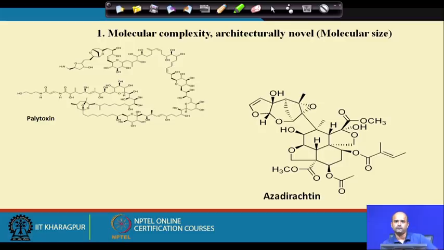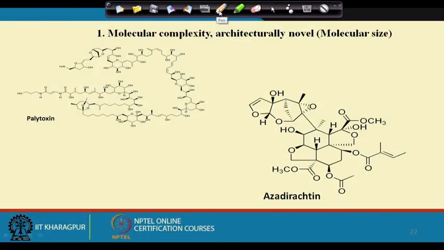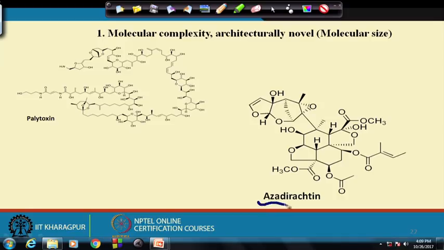So, the first point, once the target is given to you, you see its molecular complexity, how complex a molecule can be. But definitely do not worry, throughout our discussion we will talk about molecules which are not that complex, though these molecules are really complex. We will talk about very simple molecules which you can essentially do with your acquired knowledge. This particular molecule is very important, azadirachtin. This molecule has been isolated from our own Indian neem tree.